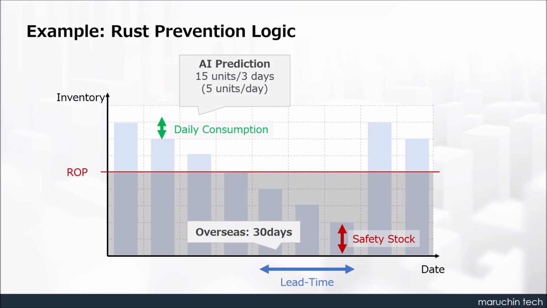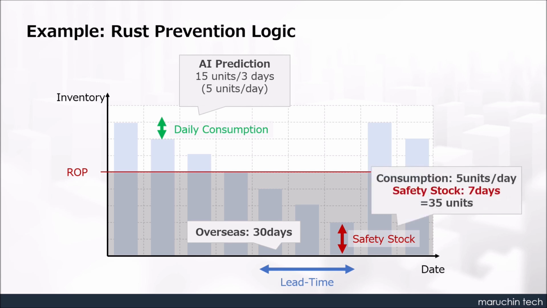Assume the predicted daily consumption is 5 units. If humidity reaches 70%, the system automatically reduces safety stock to 7 days. This makes it 35 units. Consequently, the reorder point becomes 185 units. This logic ensures we hold less inventory than usual during the high humidity rainy season to maintain quality.